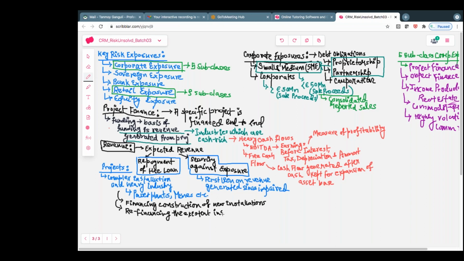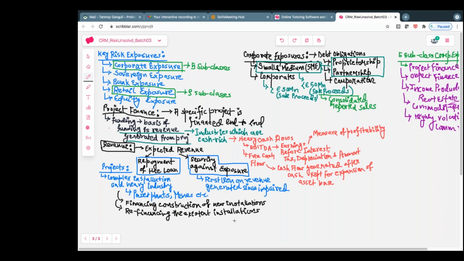So basically you can either build up a new installation, or you can be refinancing the existing installations.